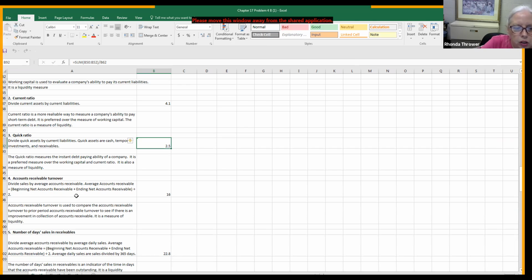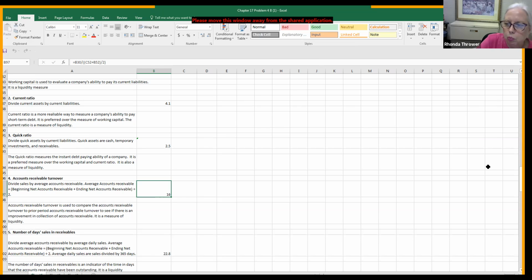And that will give you the average accounts receivable. Find this first, and then divide the average accounts receivable into your sales figure. And in this case, what we got is 16 as the measure of the accounts receivable turnover.